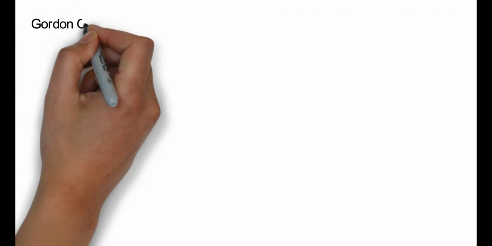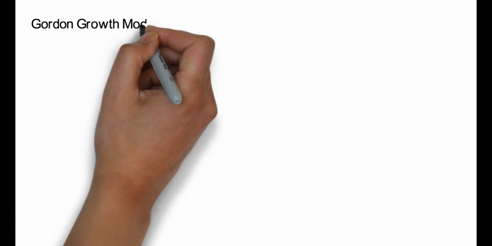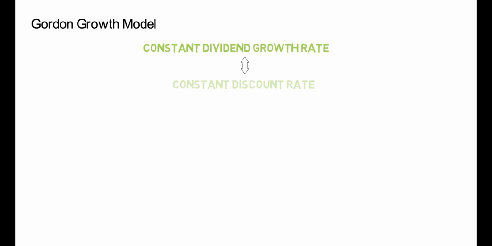Now, one can also use valuation models to back out the equity risk premium. The simplest model is the Gordon growth model. That is a dividend discount model with a constant dividend growth rate and a constant discount rate.